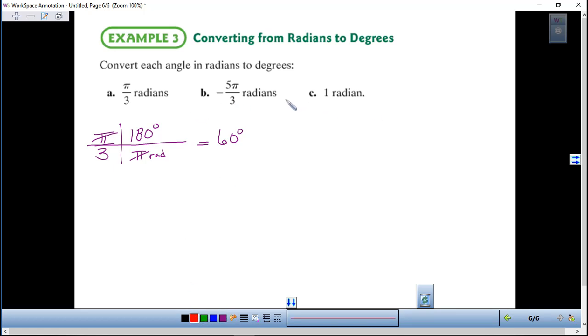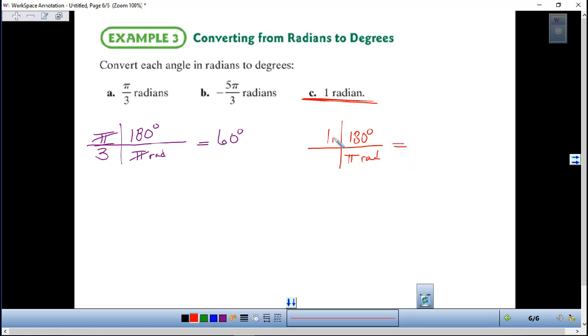All right, and I want to show you, this one's going to be the same as it was with the negative one. You just tag the negative along. But I want to show you this one specifically. So we've got 1 radian. And we're going to change it to degrees, so we're going to do 180 degrees over pi radians.